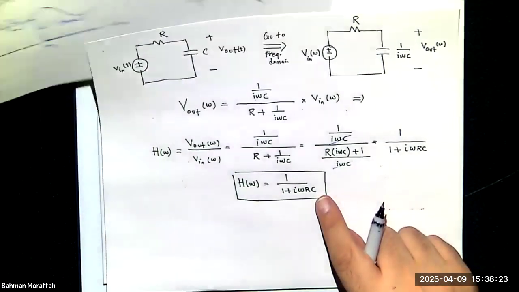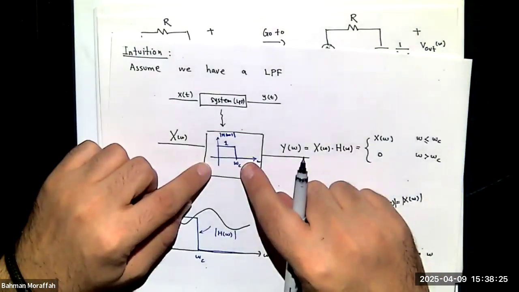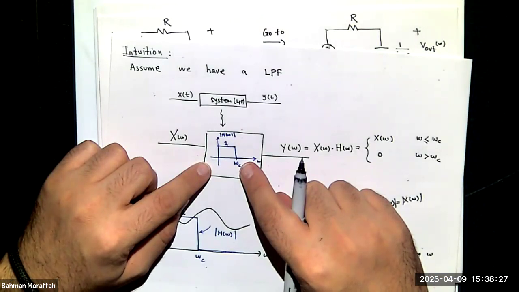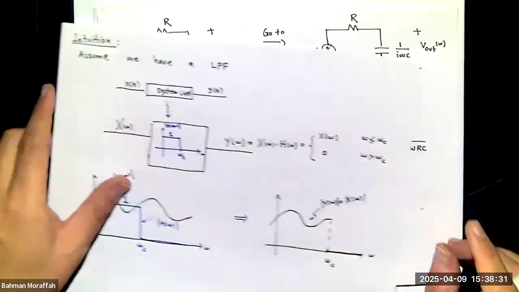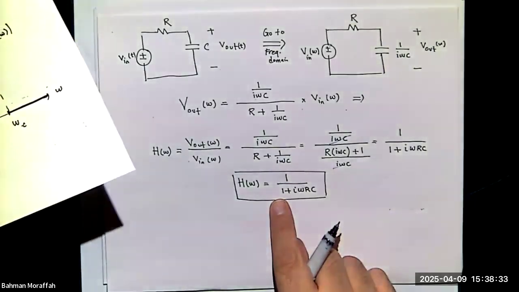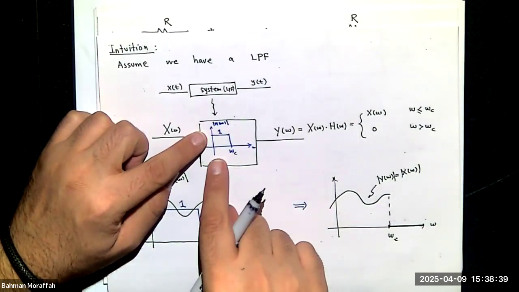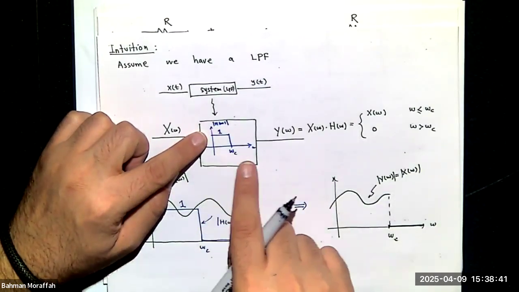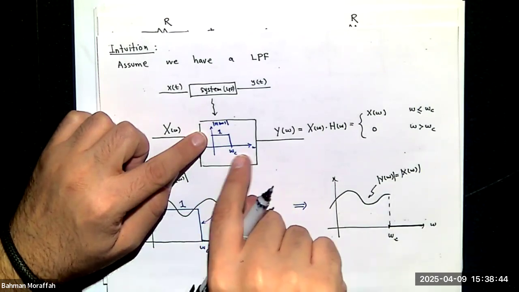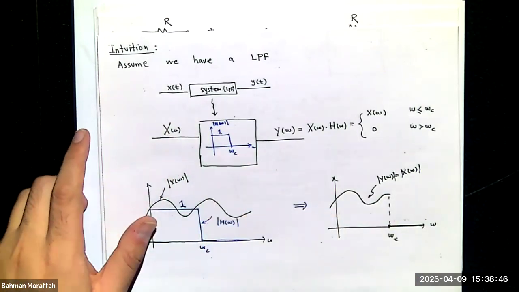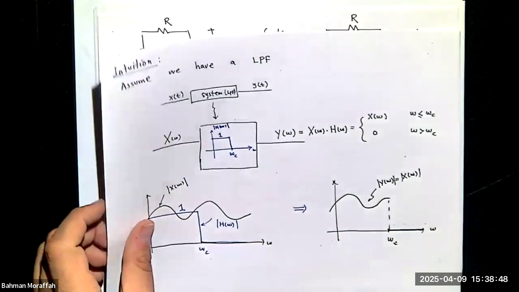To compare this to this function, what do I need to compute? I need to compute the magnitude of this. I know the magnitude of this H of omega is 1 for all the frequencies less than omega c, and it is 0 for all the frequencies greater than omega c.